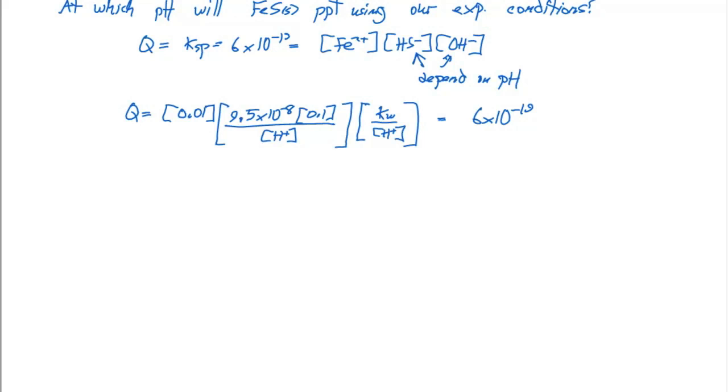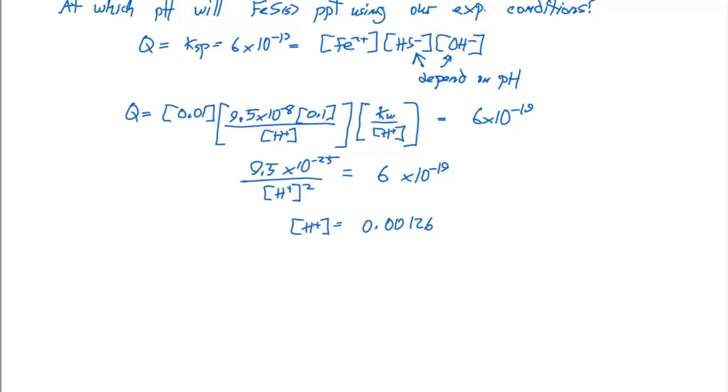If we multiply everything out, we get 9.5 times 10 to the minus 25 divided by the H+ concentration squared equals 6 times 10 to the minus 19. Doing the algebra and solving for the H+ concentration gives us 0.00126.